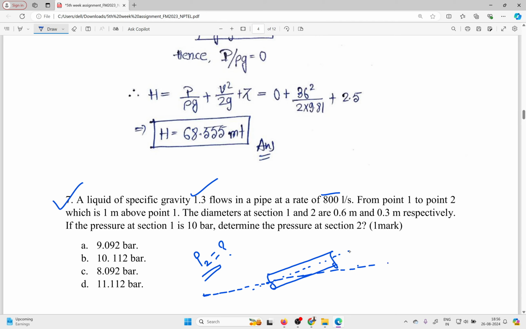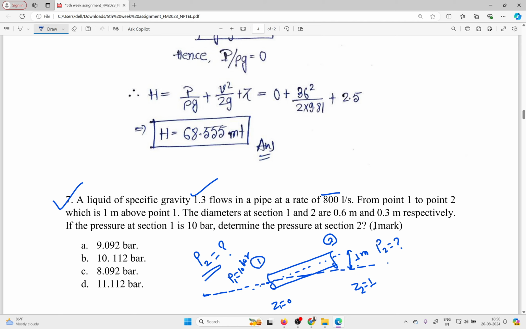This height is 1 meter. Here z is equal to 0, here z is equal to 1. This is section 2, this is section 1. So you need to write z1, z2. Pressure at section 1 is given, P1 is 10 bar. Pressure at section 2 you need to calculate.